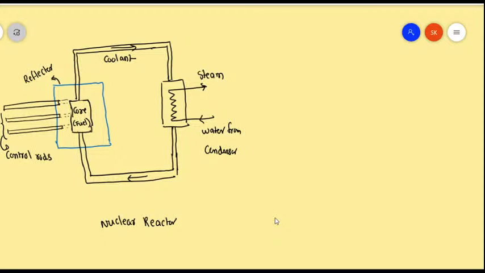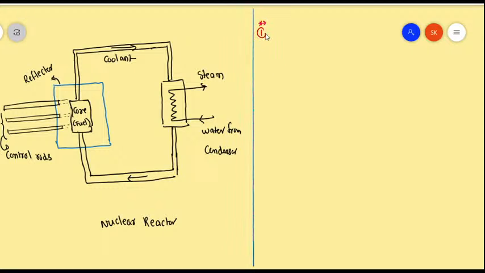What are the various parts in the nuclear reactor and on what principle does it work? A nuclear reactor works based on nuclear fission. Fission means what? Splitting of the heavier nuclei into two or more lighter nuclei. It is a device that works based on nuclear fission.